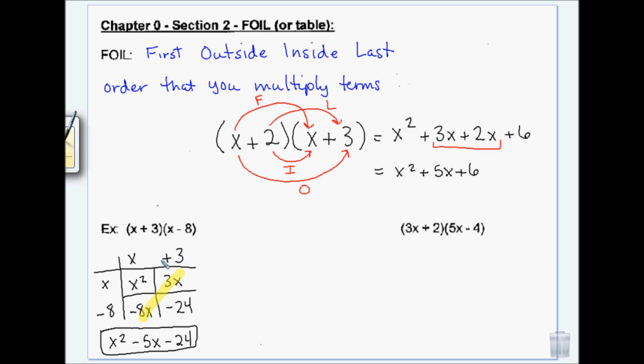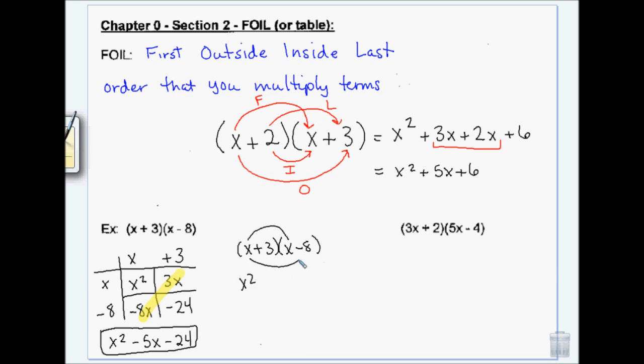The nice thing about a table is if you have longer things that you have to multiply, you just add extra columns or extra rows, and your like terms will still line up on the diagonals. So that's kind of nice. But it's the same thing. If I had taken this exact same, well, here, I'll FOIL it so you can see it's the same.